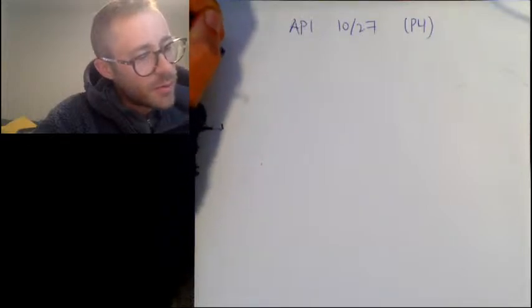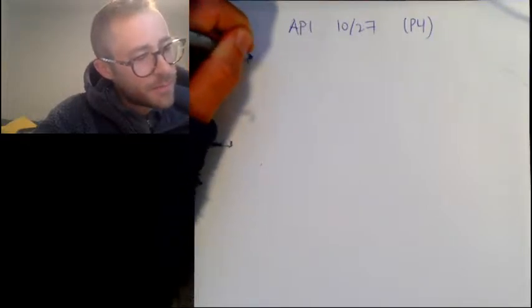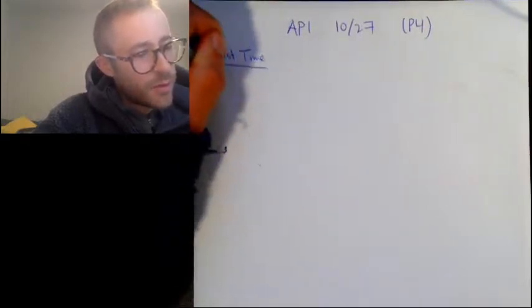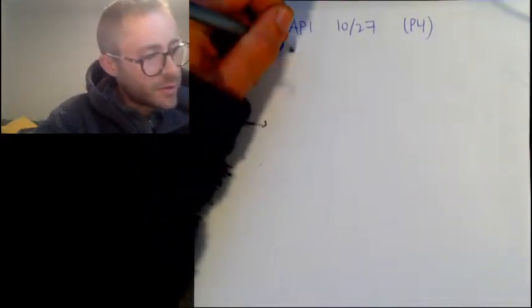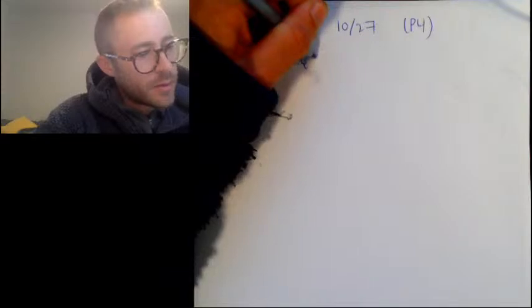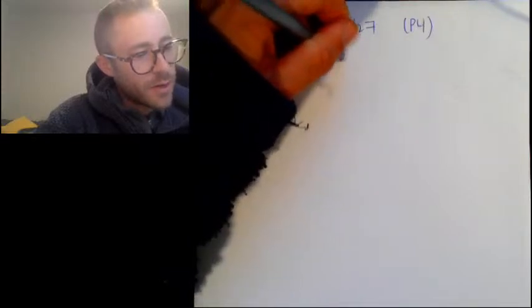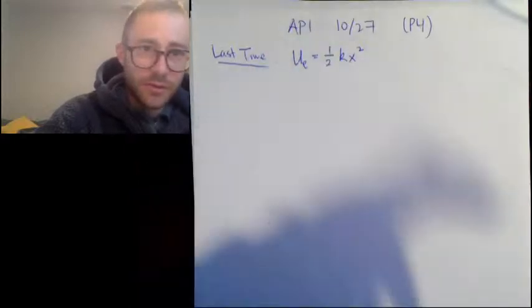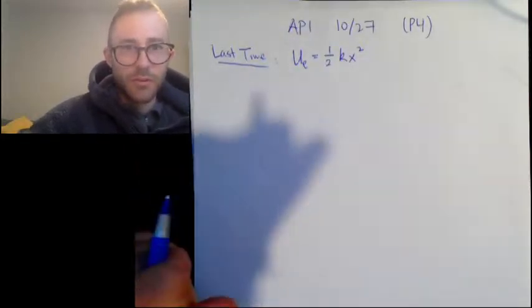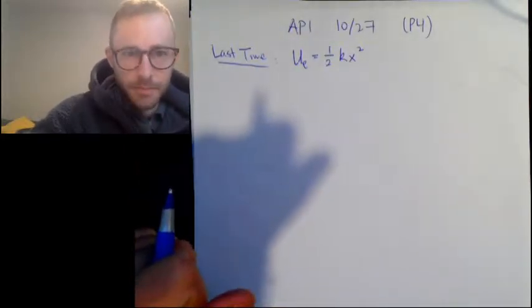So let's talk a little bit about last time. Last time we learned about what is called elastic potential energy, U sub E, which is 1/2 kx squared. And that's basically the energy stored in a compressed spring or a stretched rubber band or things of that nature. Okay?